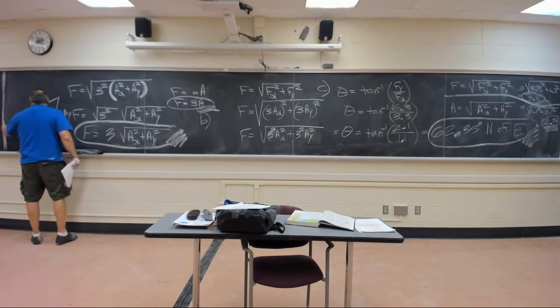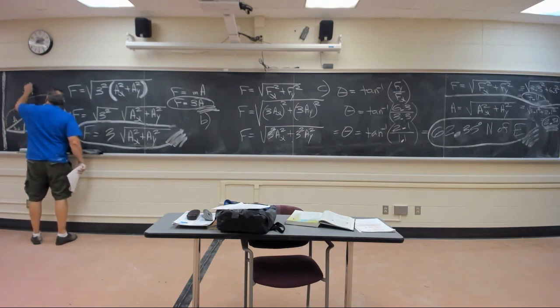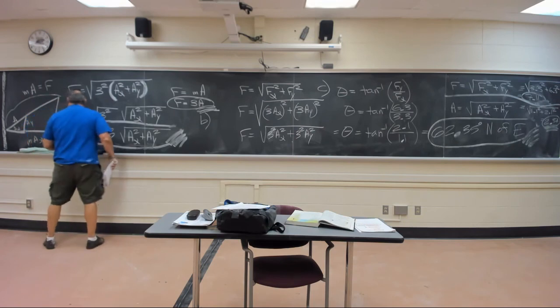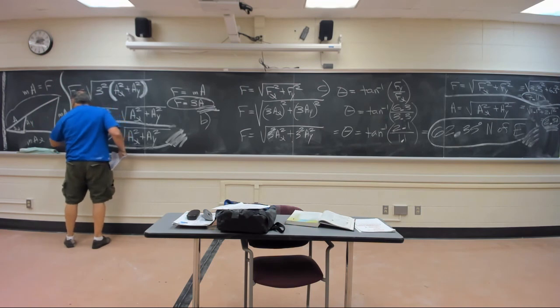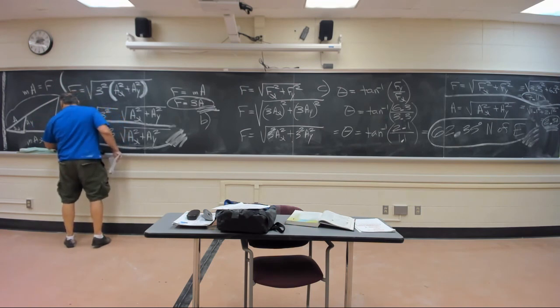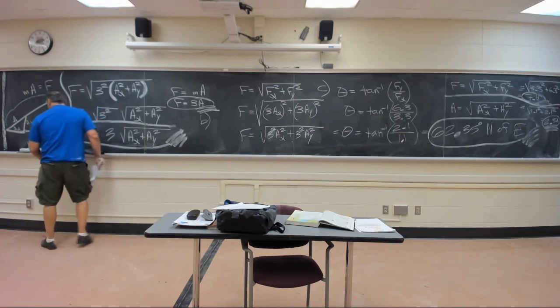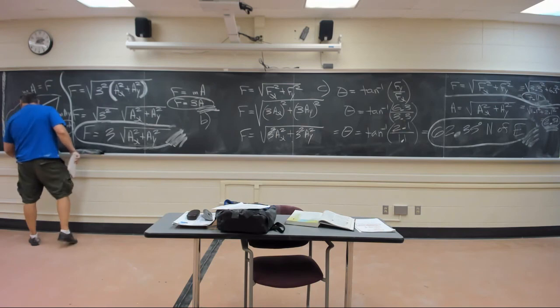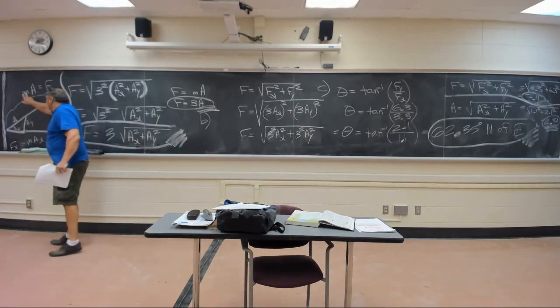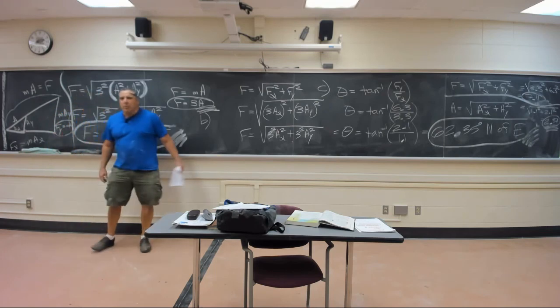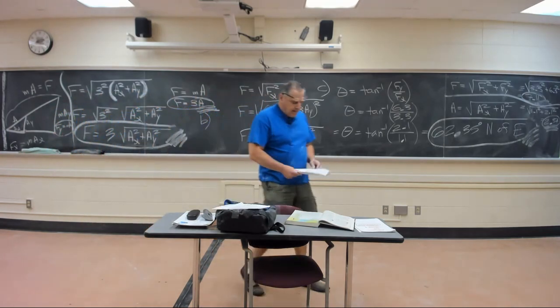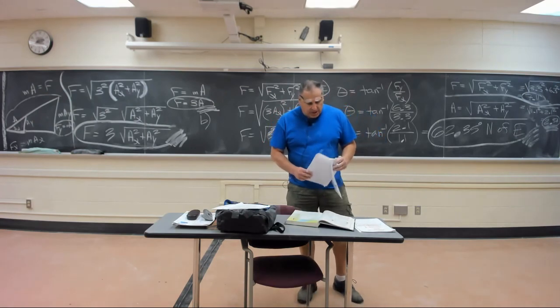This is A. This whole thing is M times A. F is 3 times bigger than A. Fx is 3 times bigger than AX. Fy is 3 times bigger than AY. And that's where it's coming from.